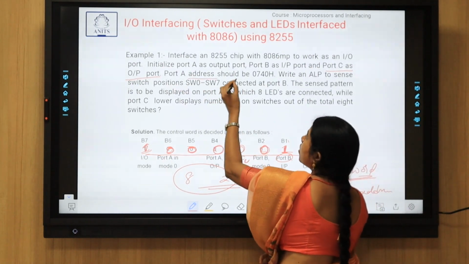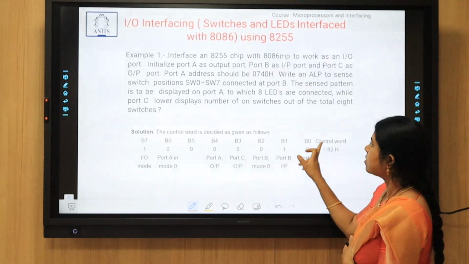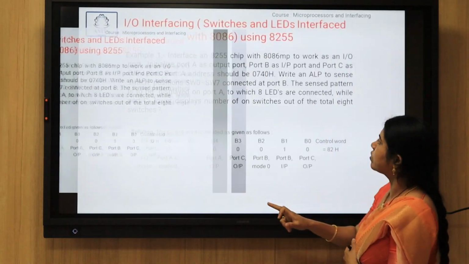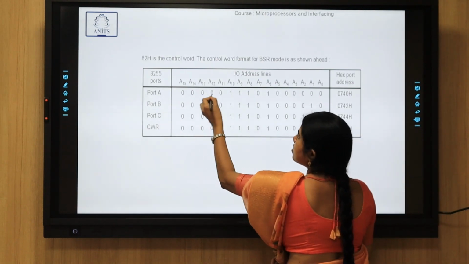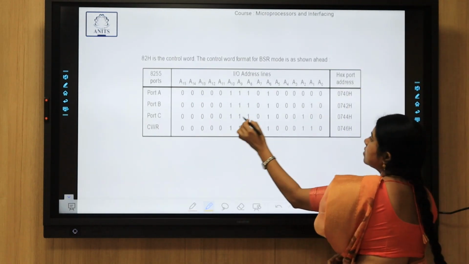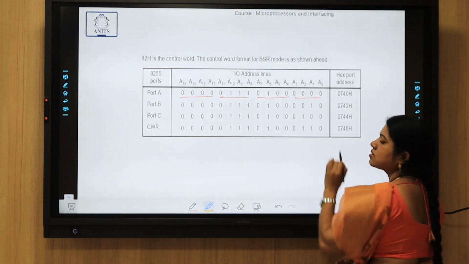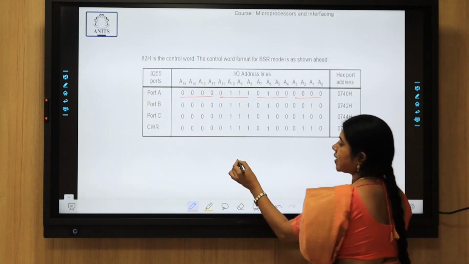Port A address is already given. It is 0740H. So what is the port A address? It is 0740H. Let us see. This is 0, this is 0, this is 7, this is 4, this is 00.